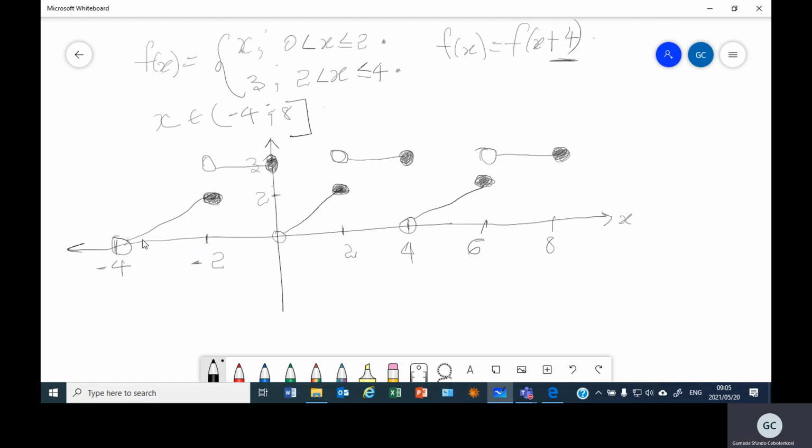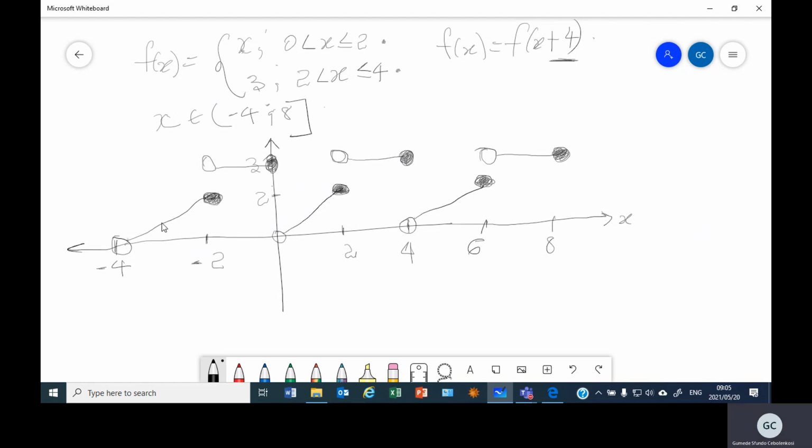This graph, you move point by point 4 units to the left. And depending on the interval, if I extend this interval to maybe 16, it means we have to move here up to 16. So I suppose that is how you sketch a graph of a periodic function and extend it.